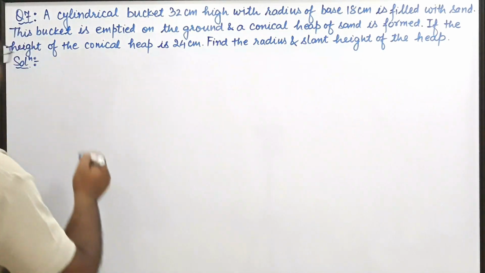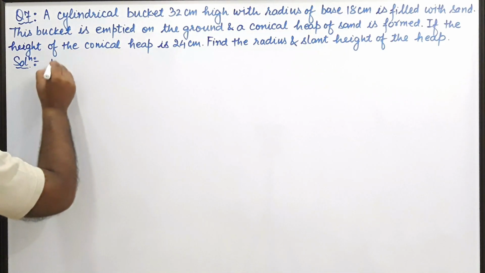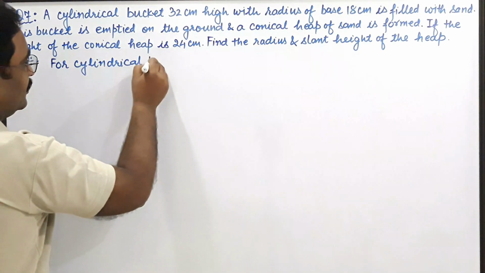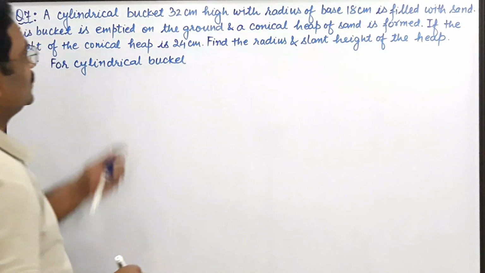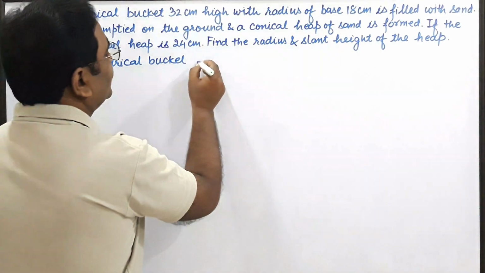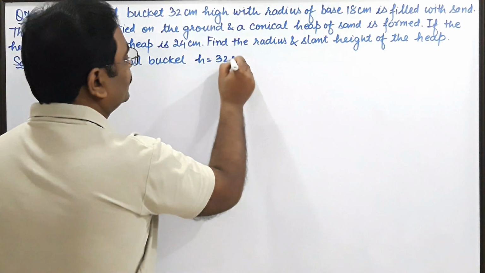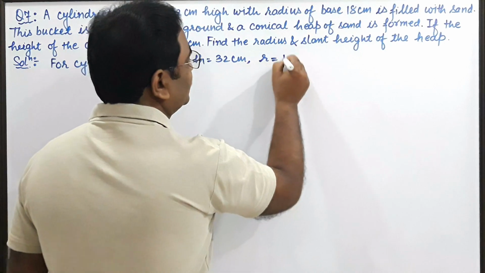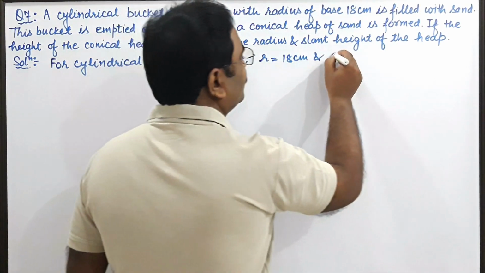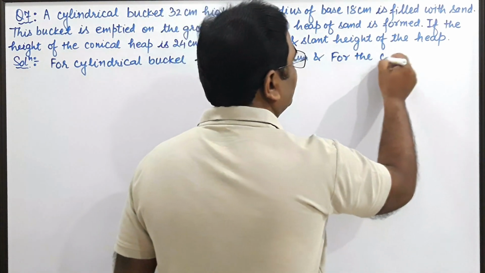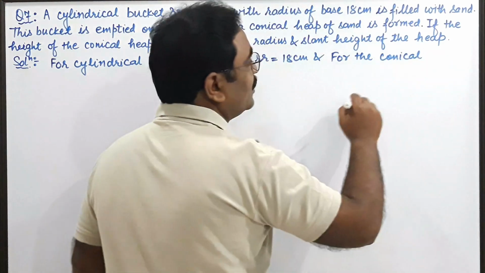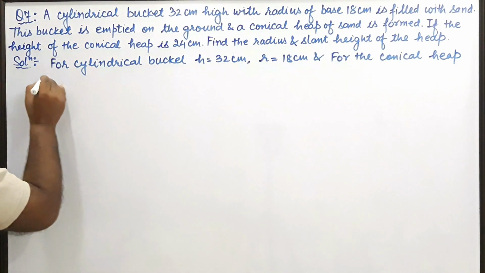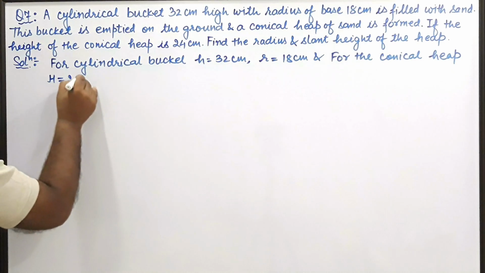We have to write down the information. For cylindrical bucket, it's given height is 32 centimeter and radius of base R is 18 centimeter, and for the conical heap which is formed, height is given 24 centimeter.